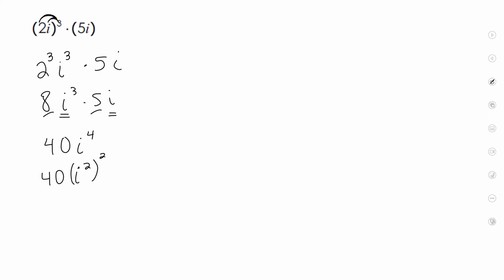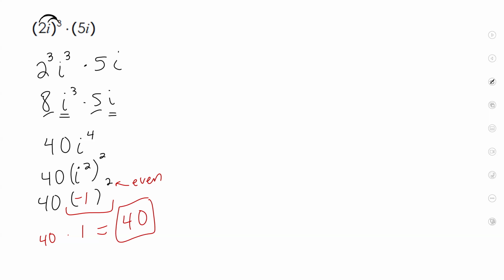What's I squared? -1. So I squared is just -1. And guys, this is an even power. So this is just 1. 40 times 1 is just 40. So your answer is 40.